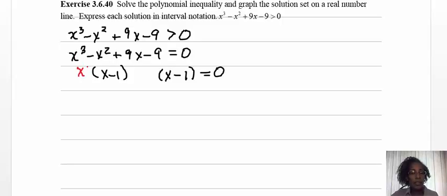So I'm going to put this x squared and this positive 9 in color. And I just want to point out that x minus 1 is actually our common factor. And notice how in first position that was multiplied by x squared. In second position that was multiplied by positive 9.